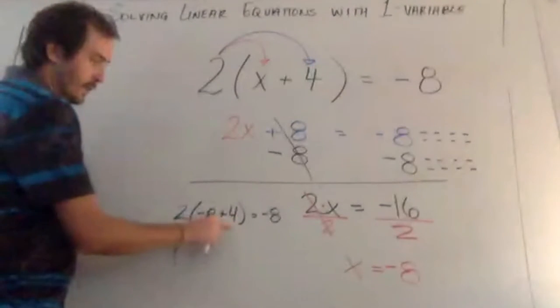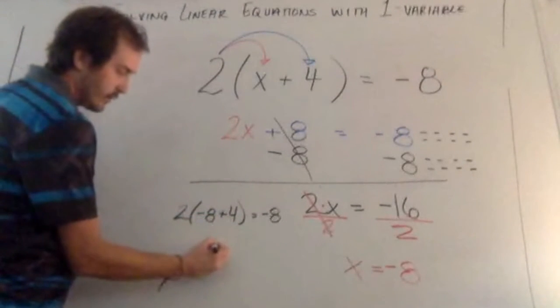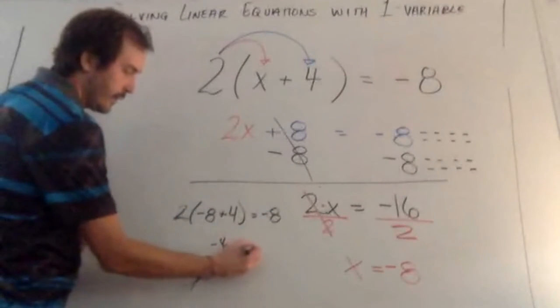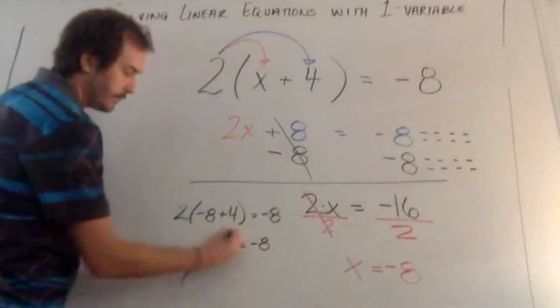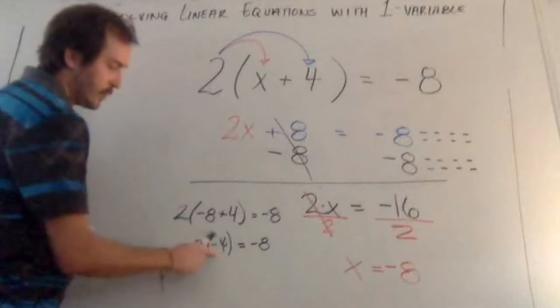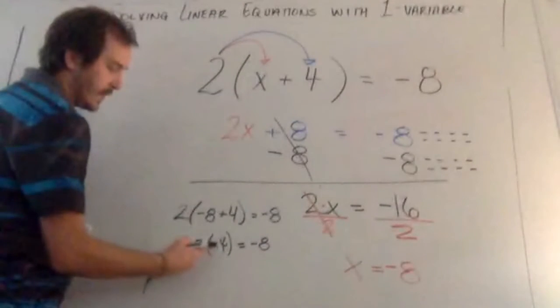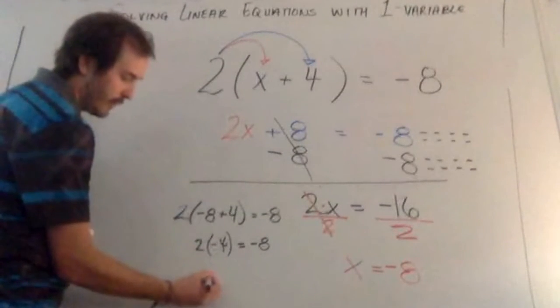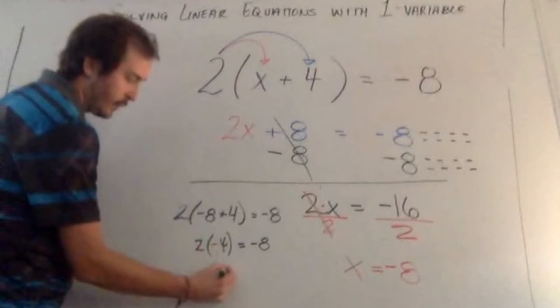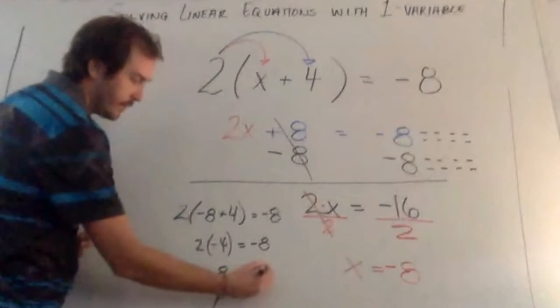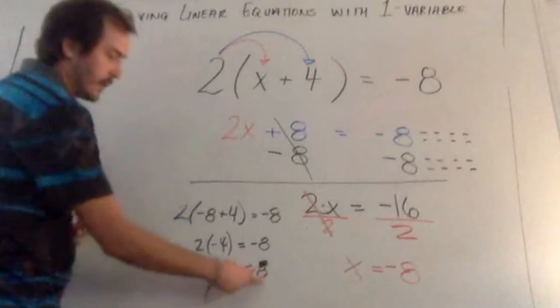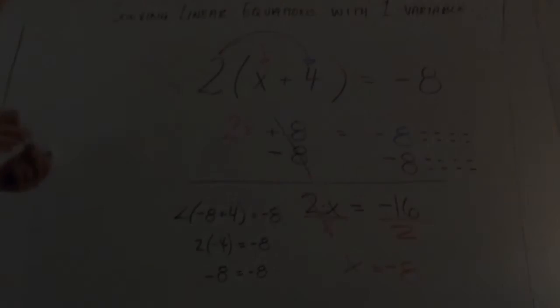I have 8 negatives, 4 positives. That turns into negative 4. And then I still have to multiply 2 times negative 4. A positive times a negative gives me a negative, and 2 times 4 gives me negative 8. And look at that, I get negative 8 equals negative 8.